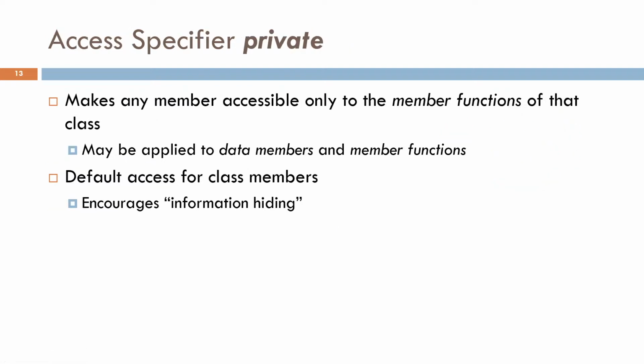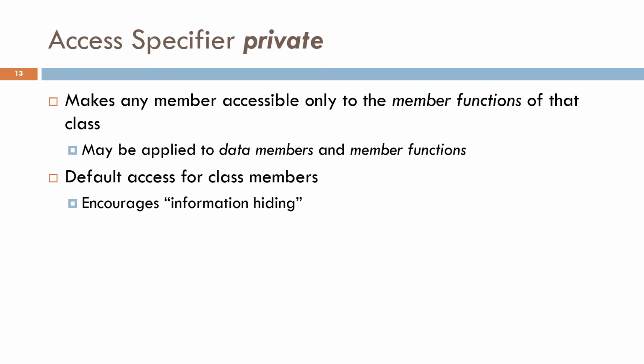Now, to answer the question about the access specifier private: once you're using the private access specifier, you only have access to the member functions and data members within that class only. So if you try to access them outside of the class, it's not going to work.